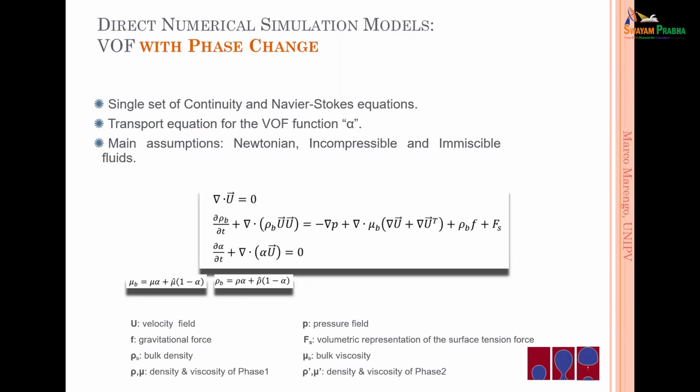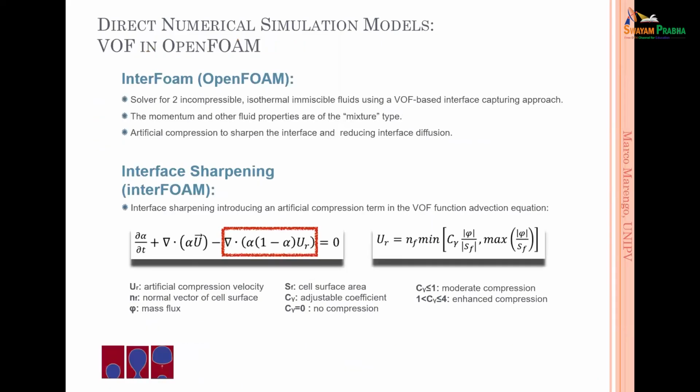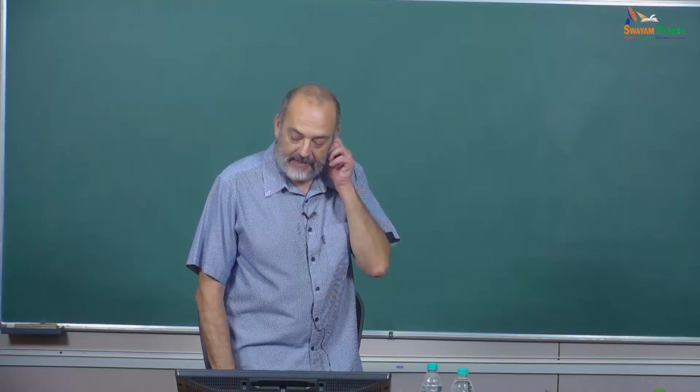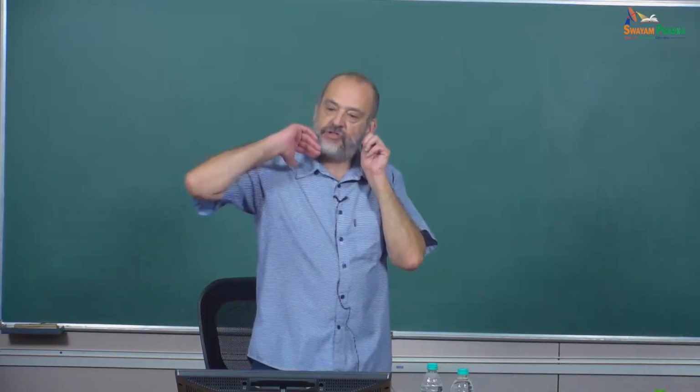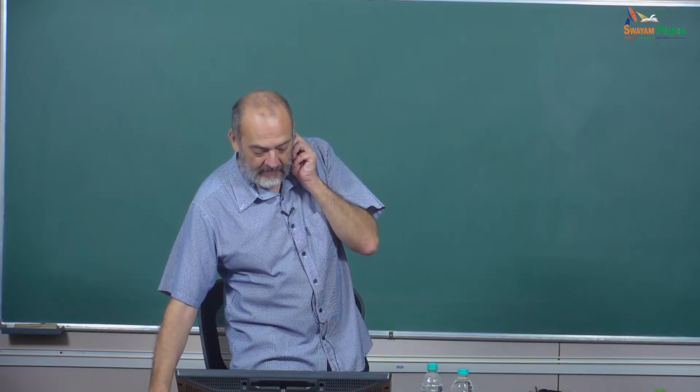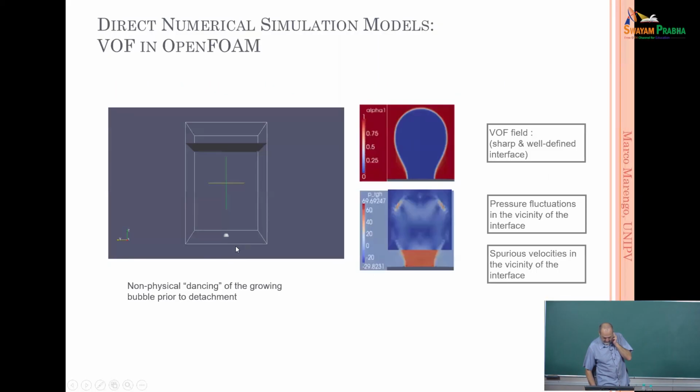And as I said before, what is important is the Fs. In the VOF, we have a volumetric representation of the surface tension force. We may have different tools to do that. We have an interface sharpening, which is important to have a very sharp, nice interface. Everything is fine. One of the problems of the sharpening is coming.